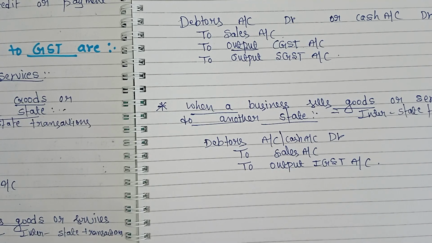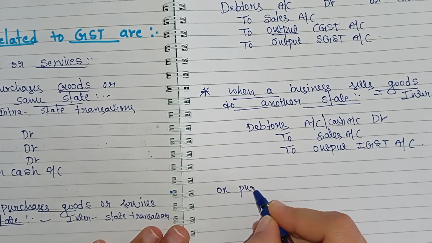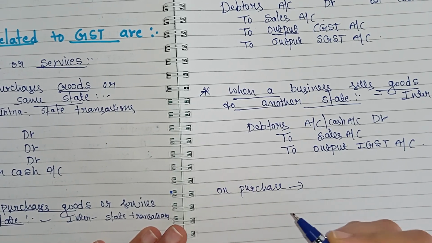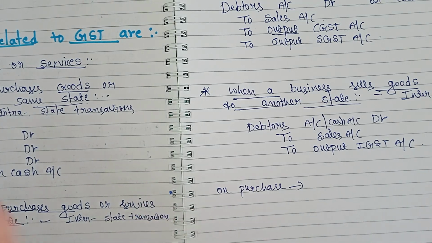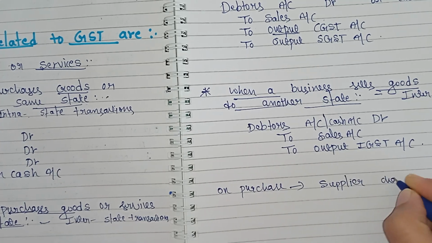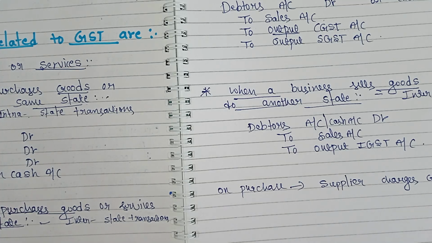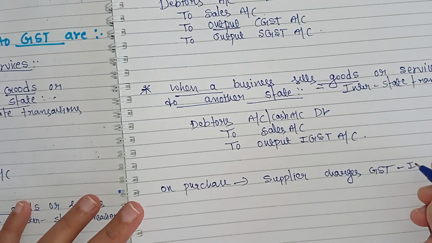It is the tax collected by the business on the sale of goods or services when the supply occurs between two different states. In simple terms, on purchase, the supplier charges the GST. That is called input GST.